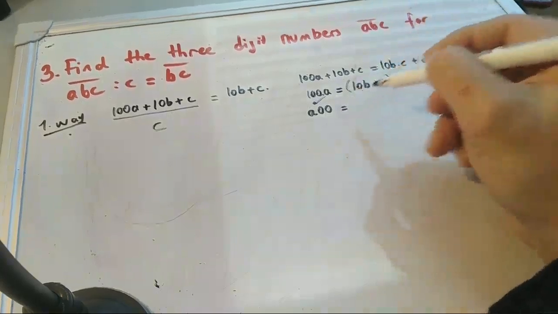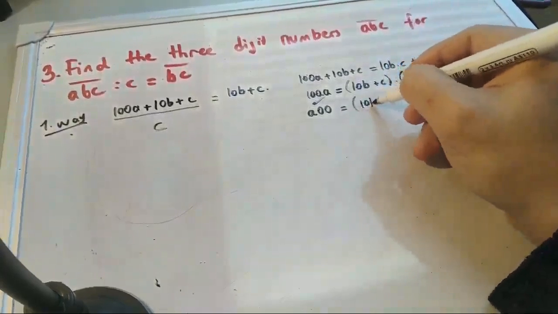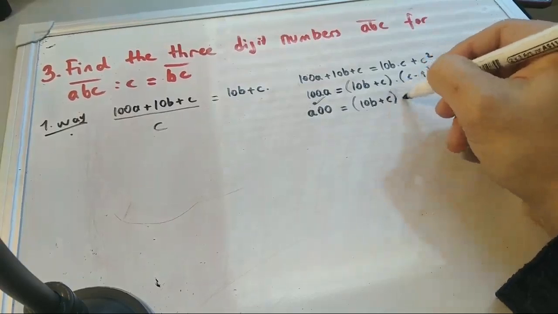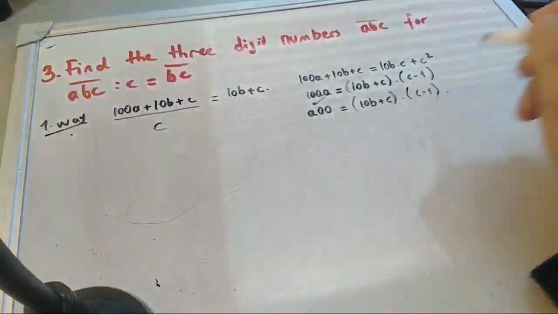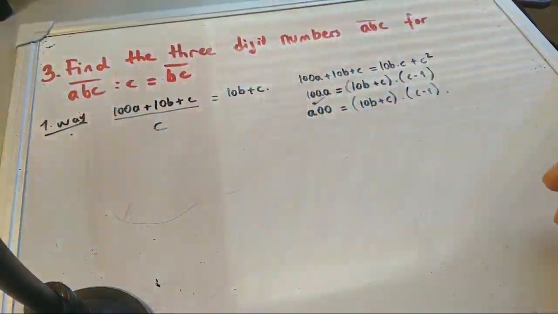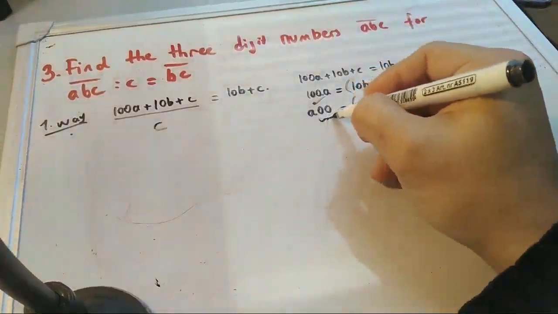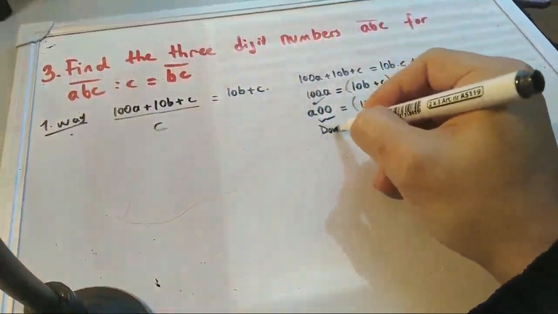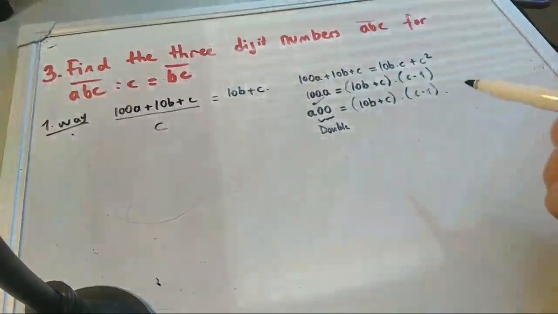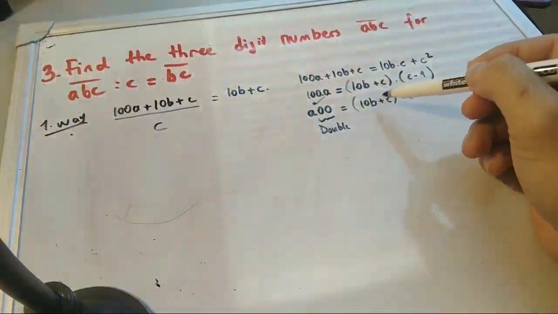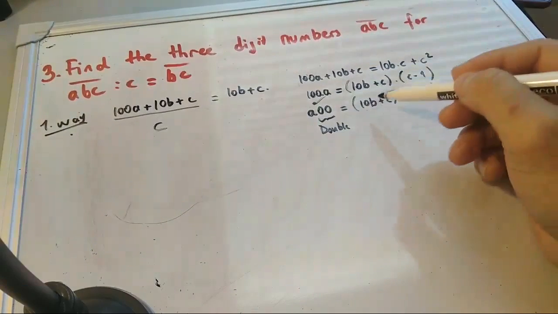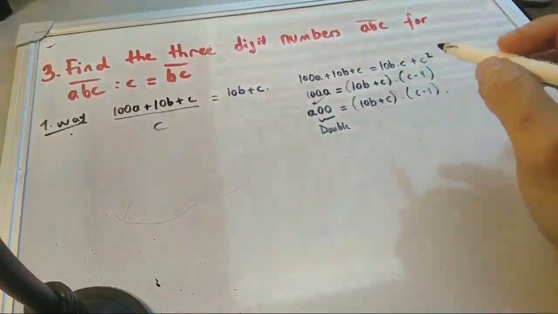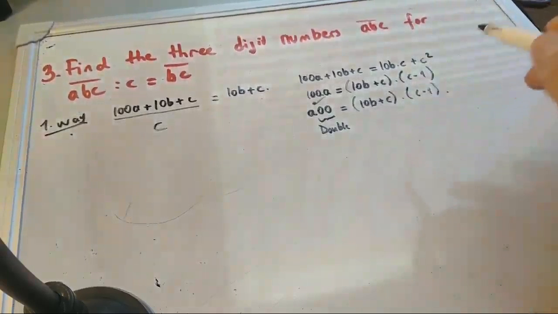200 is equal to 10B plus C times C minus 1. Yes. We have double zeros. 10B, for any number for B, 10B. When you look at the number 10B, the last digit will always be 0, right?